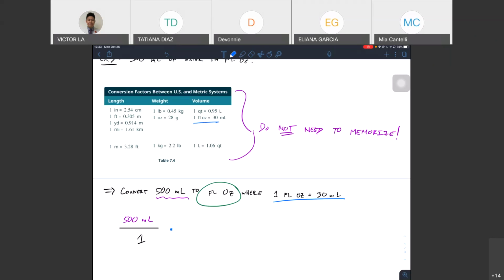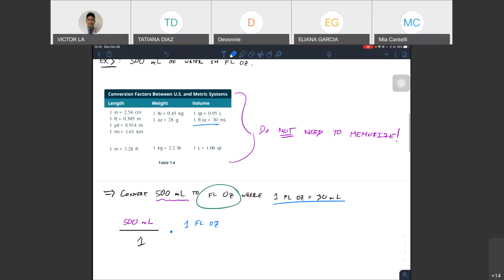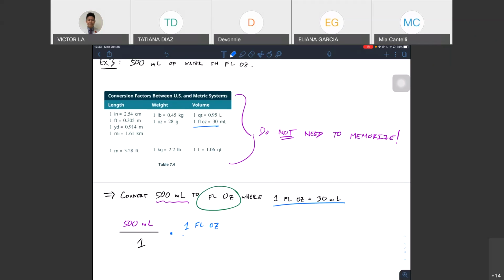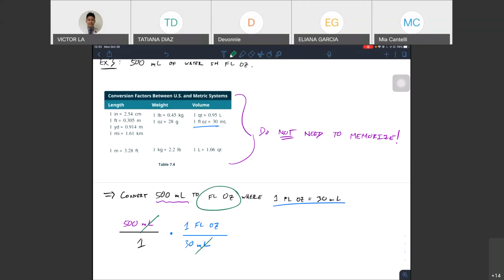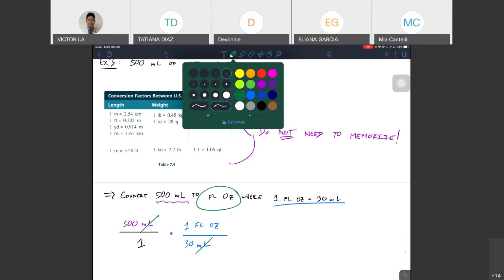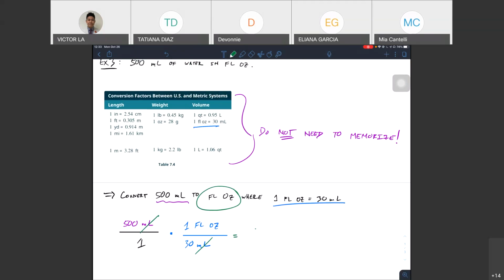So if you want fluid ounces, go on top, because it has to be the remaining unit, and then the bottom is, of course, the 30 milliliters. And you can see these cancel, and then you end up with 500 over 30 milliliters, right? You do the math on that.